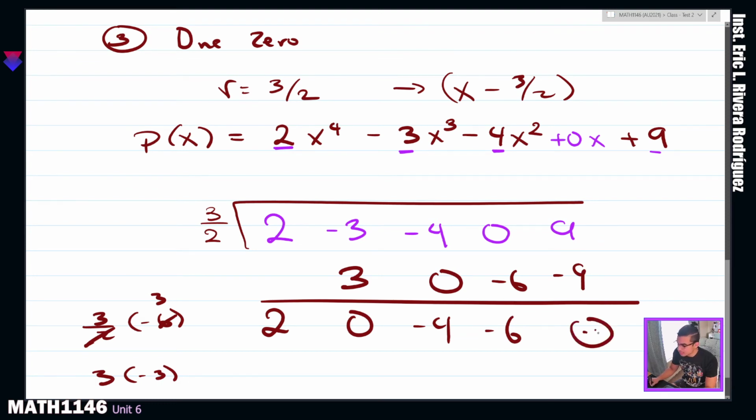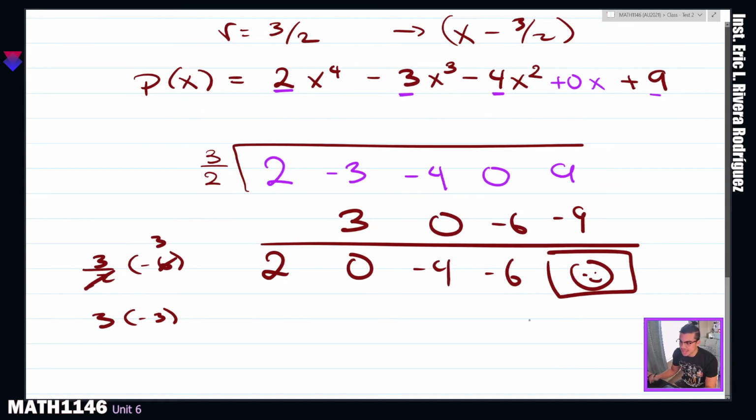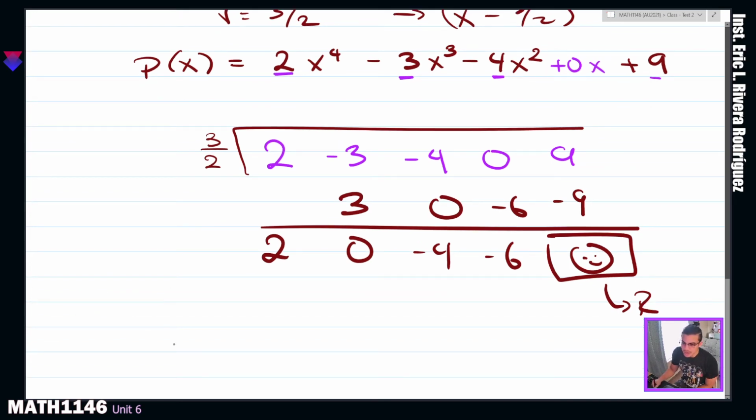This 0 is important because it is the remainder, and the remainder is telling me that yes, 3/2 is indeed a zero of this polynomial. We knew that before because of the graph. Now, from here we get the depressed equation. It will have coefficients of 2, 0, -4, and -6. From degree 4, we went to a degree of 3.